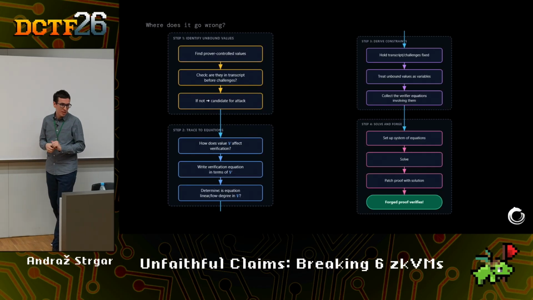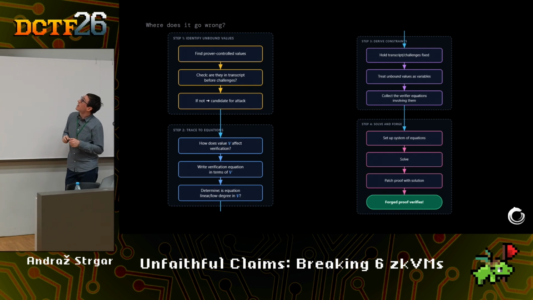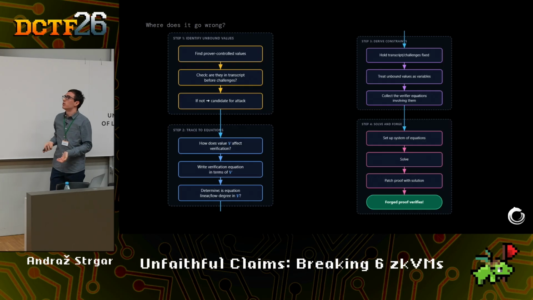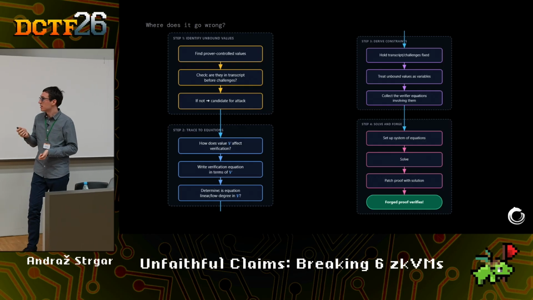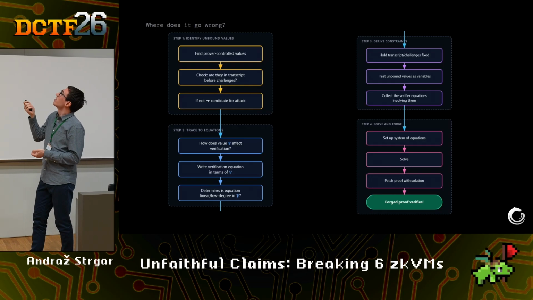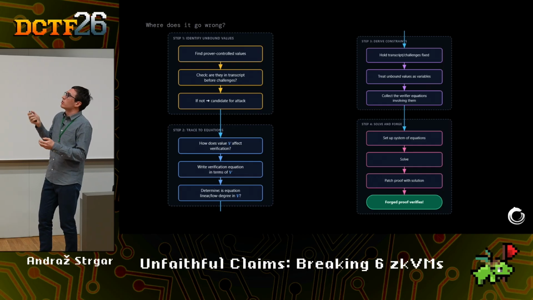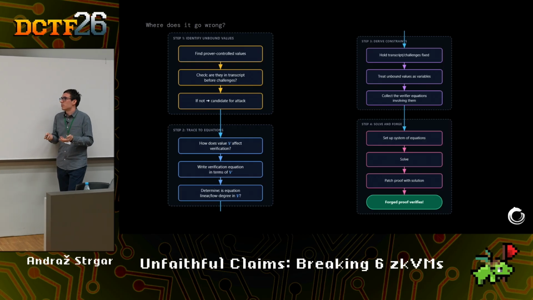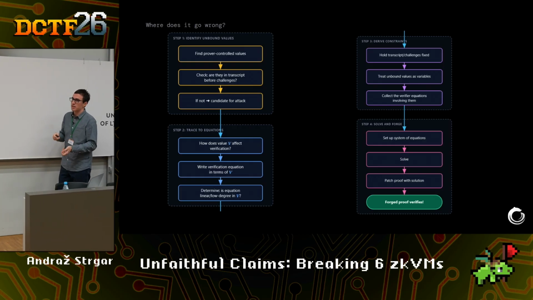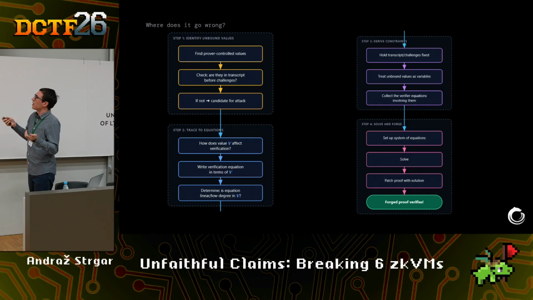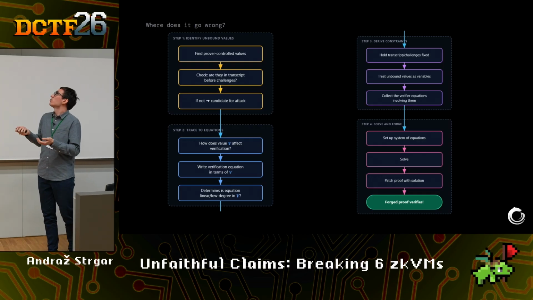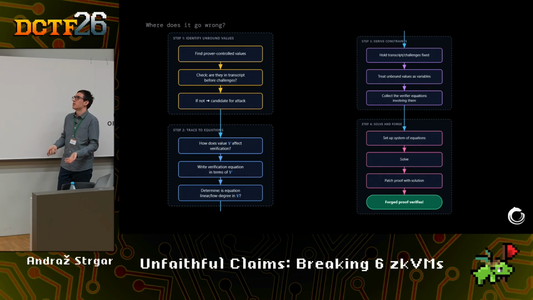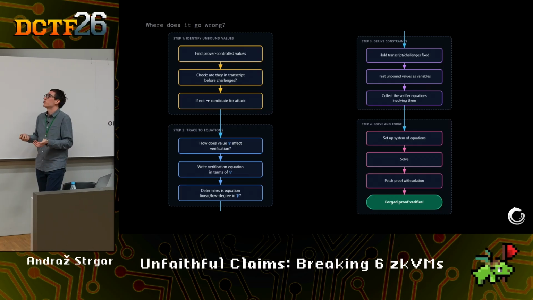So this is basically the thought flow of how you exploit such bugs. Don't need to read all of it. Essentially, first you just need to find, are there any variables that are not constraining the randomness? Or in other words, are there any variables that are not added to the Fiat-Shamir transcript? Because the Fiat-Shamir transcript determines all of the random values in the protocol.